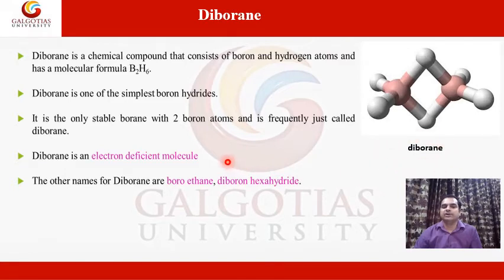That's why it is also an electron deficient molecule, because as in case of C2H6, we cannot make the normal covalent bond in case of diborane. The other names of diborane are boroethane, diboron hexahydride, etc.